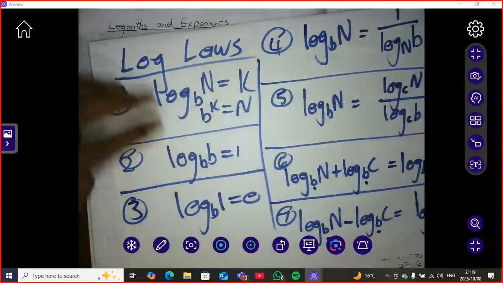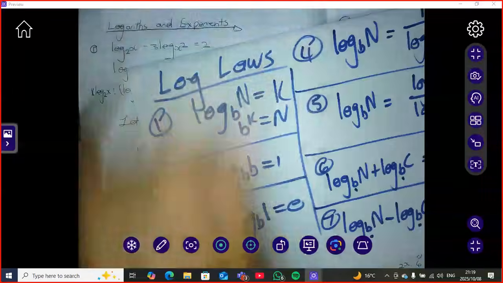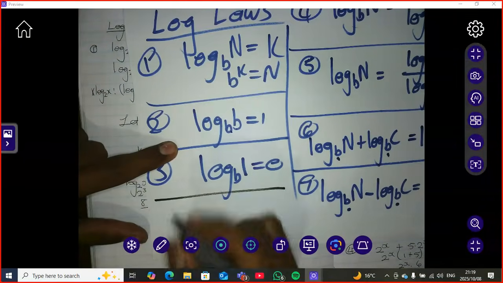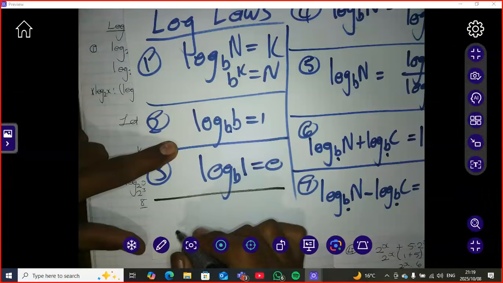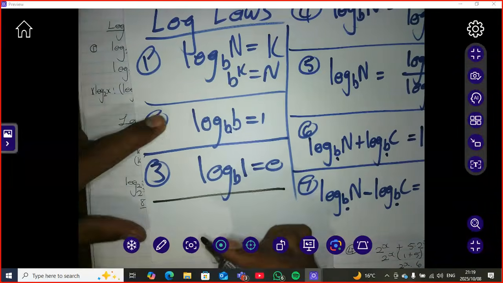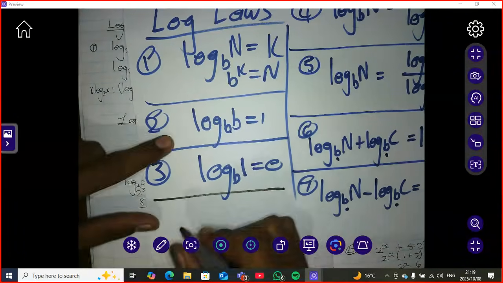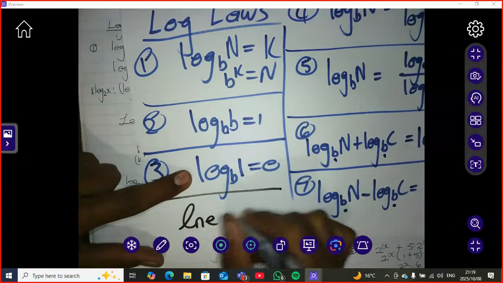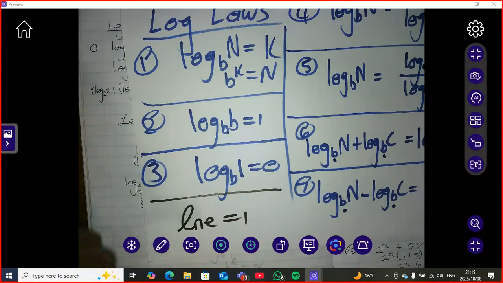There actually is more. There actually is another one, but we don't really work with that. We do work with it, but we do and we don't. But it's saying ln e is equal to 1.